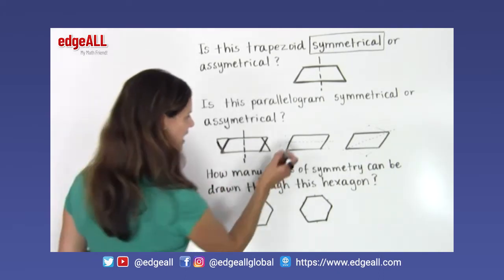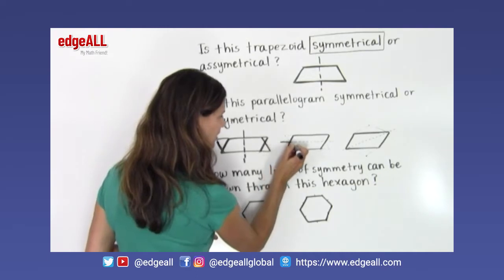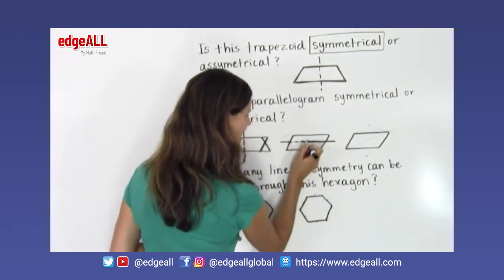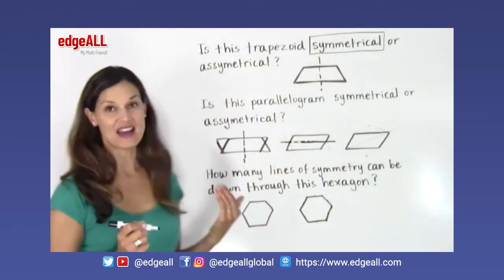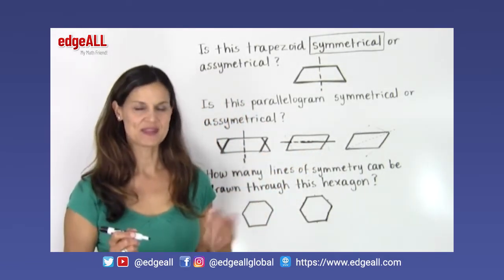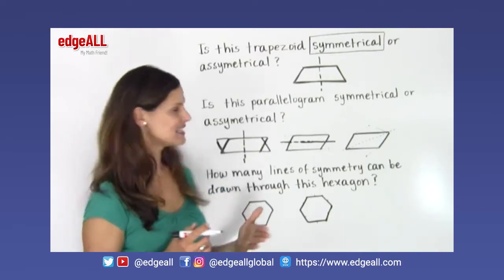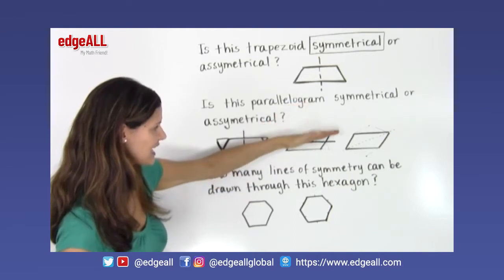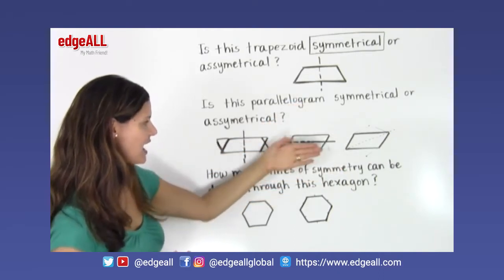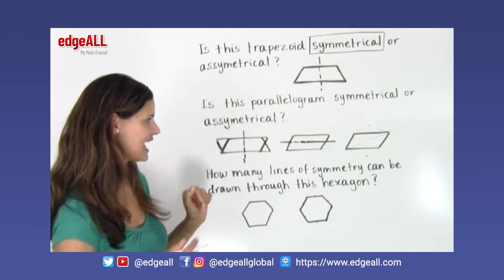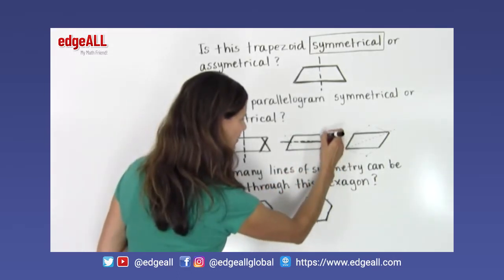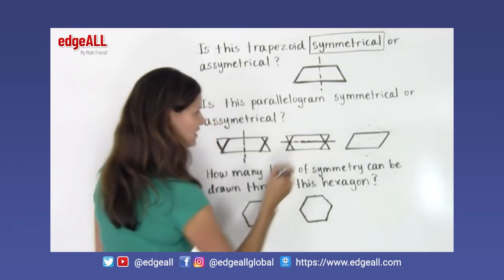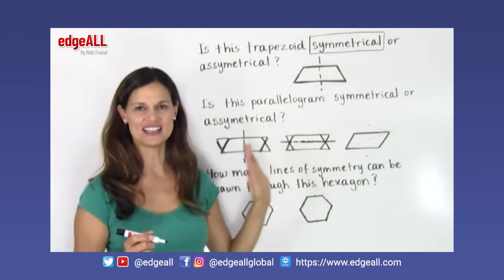Similarly, I can draw a line through the center of my parallelogram horizontally and try again to see if this is a line of symmetry. And I end up seeing that it is not, because when I take my parallelogram and fold it down or reflect it across this line, and then I take the bottom part and reflect it up, I end up with a shape that is the opposite of this, with some different shapes on each side, and it's not a line of symmetry.